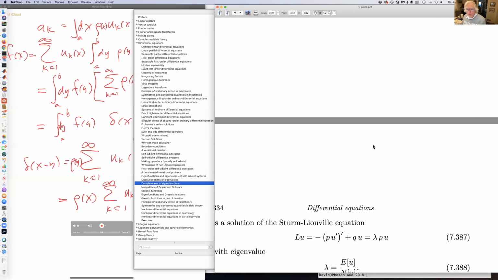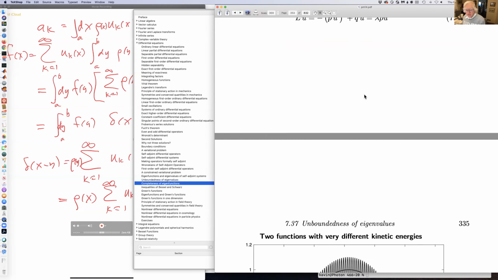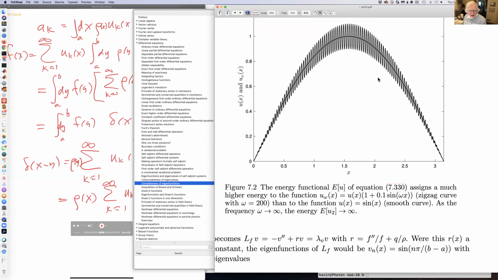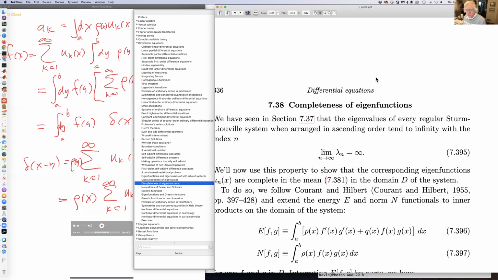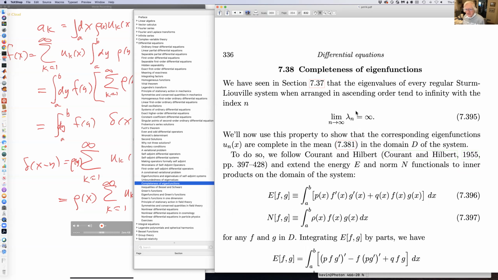And what we actually went through last time was that, first of all, we observed that you can always make an eigenvalue arbitrarily large just by considering eigenfunctions that have lots of jitter in them. And we then went through and proved last time that if you have a Sturm-Liouville system, I can never pronounce those two words together.